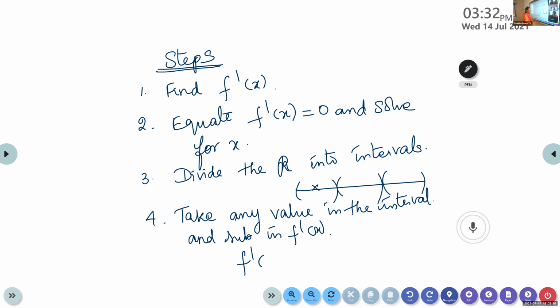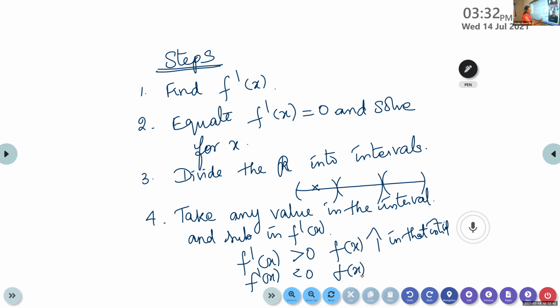If f dash of x is positive, then f of x is increasing in that interval. If f dash of x is negative, then f of x is decreasing in that interval.